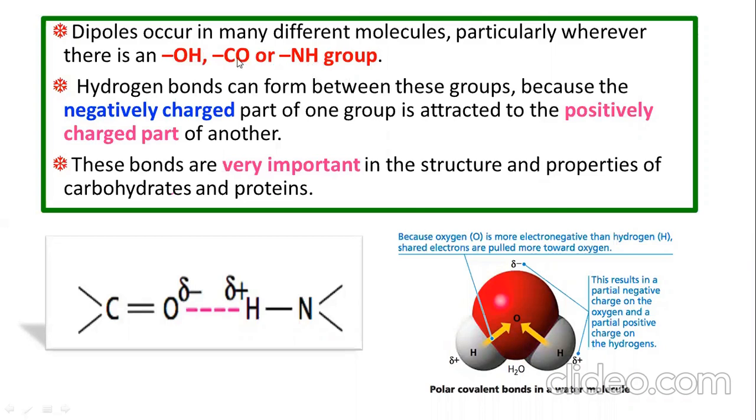So between them, charge can develop because oxygen is highly electronegative. So negative will develop here, here positive, here negative, here positive. So these hydrogen bonds can form between these groups because the negative charge part of one group is attracting the positive charge of another.